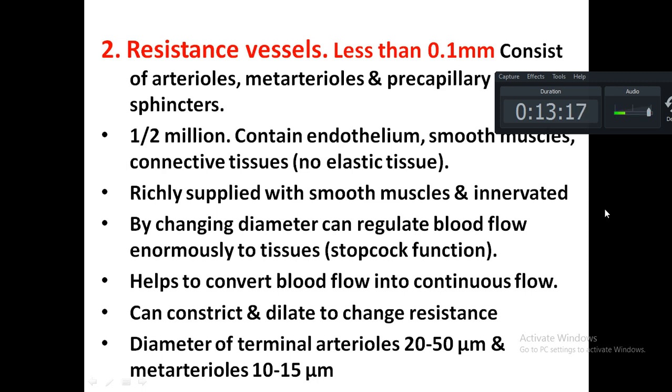Again, these resistance vessels help to convert the blood flow into a continuous flow because of the resistance they offer to the flow of blood. They can change the resistance by either constricting or dilating their lumen. The diameter of the terminal arteriole is 20 to 50 micrometer, and metaarterioles have a diameter of about 10 to 15 micrometer.